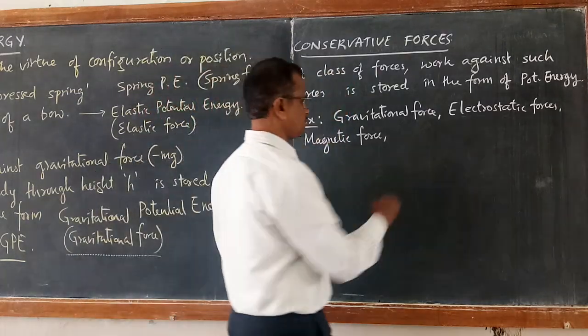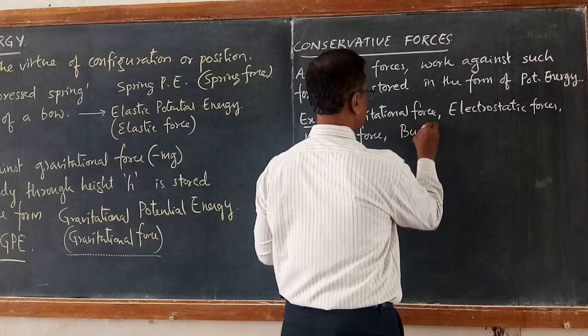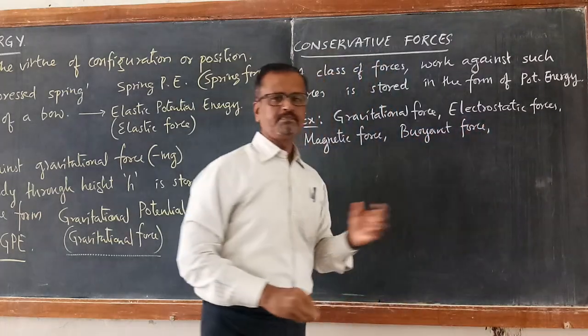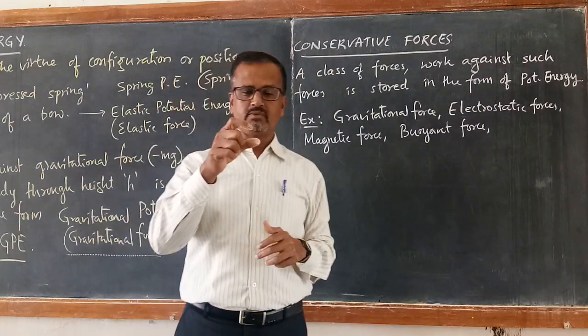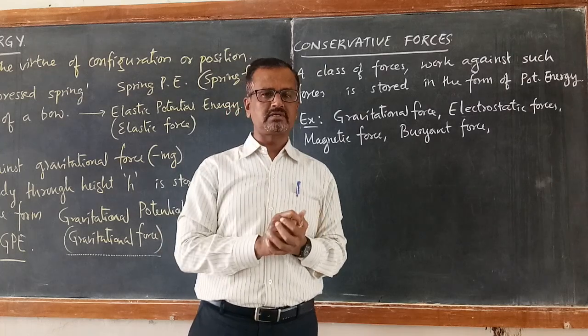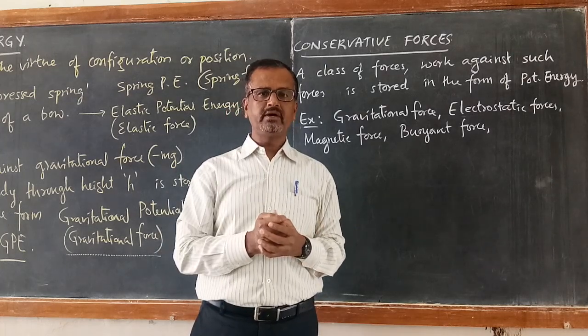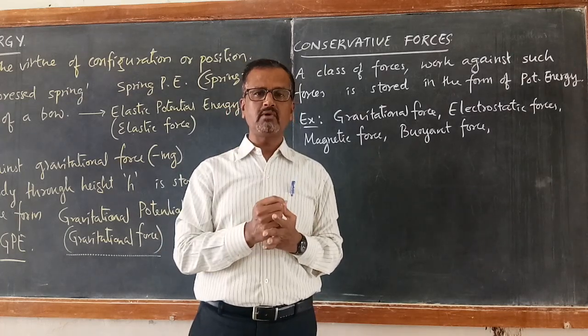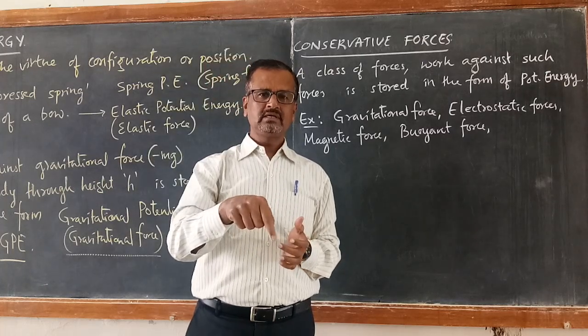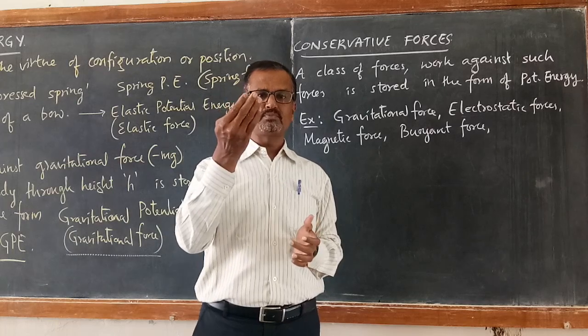And buoyant force. Buoyant force is also a conservative force. If you take a wooden block into the water, the wooden block always floats on the surface because of the high buoyant force exerted on it. If you press that wooden block down inside the water and release, again the wooden block is pushed upwards.